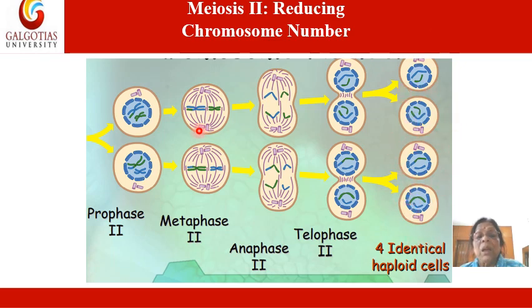So one cell has divided into 4 cells, and the cell that was earlier 2n, having 2n number of chromosomes, now becomes 1n, having the haploid number of chromosomes. So we get 4 identical haploid cells.